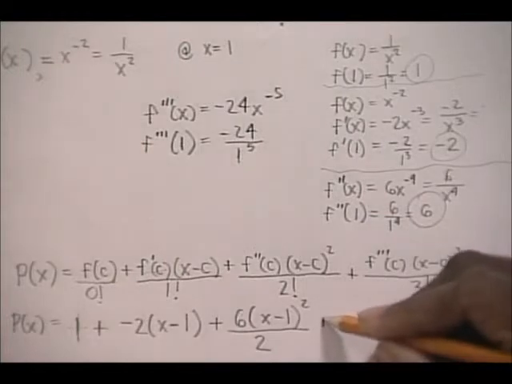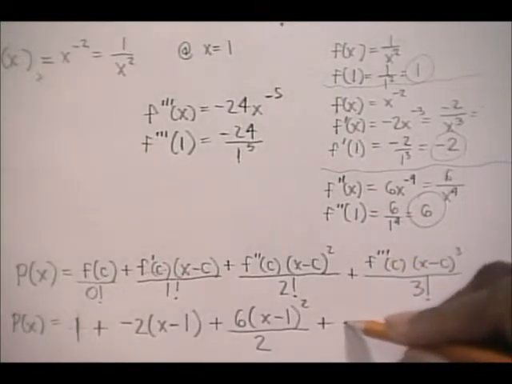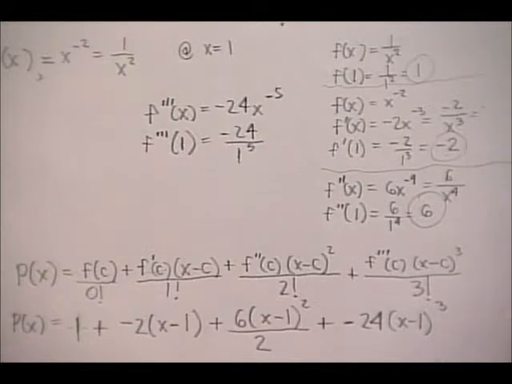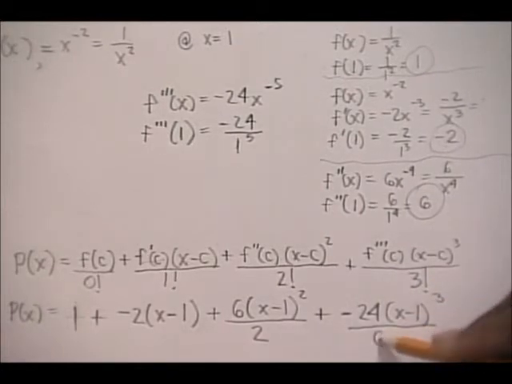So you end up with plus f triple prime of 1, which is negative 24, times (x minus 1) to the 3rd power over 3 factorial. That's 3 times 2 times 1, which is 6.